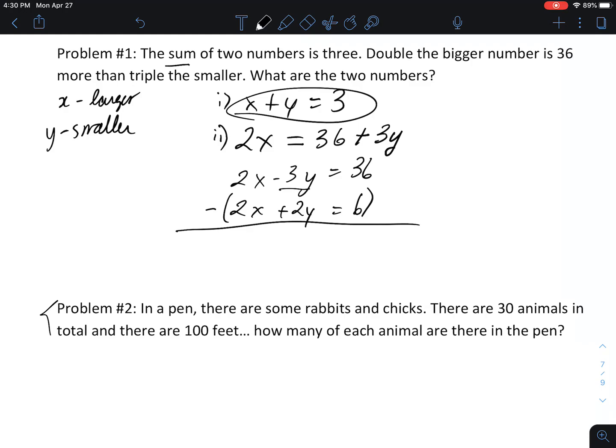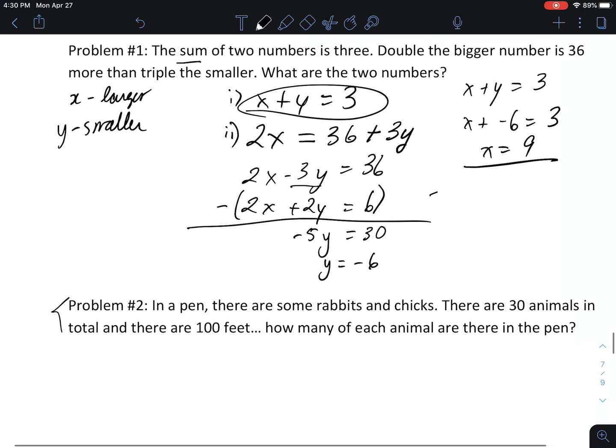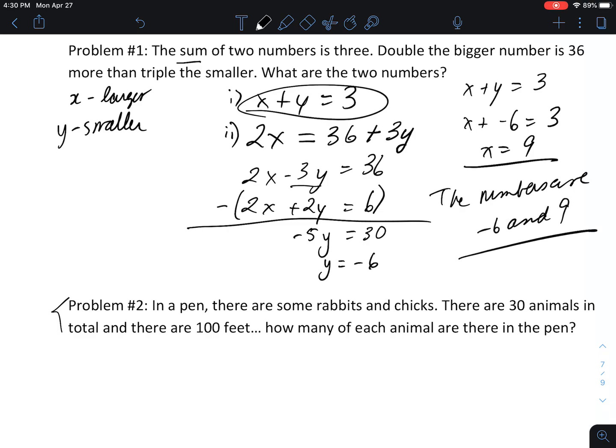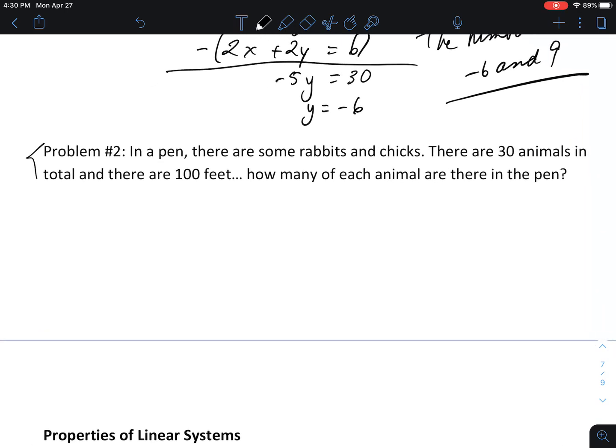And now I'm going to subtract these equations. 2x minus 2x, x is eliminated. Negative 3y minus 2y is negative 5y. 36 minus 6 is 30, so y is negative 6. And x plus y is 3, so x must be 9. All right, so that's our answer. The numbers are negative 6 and 9.